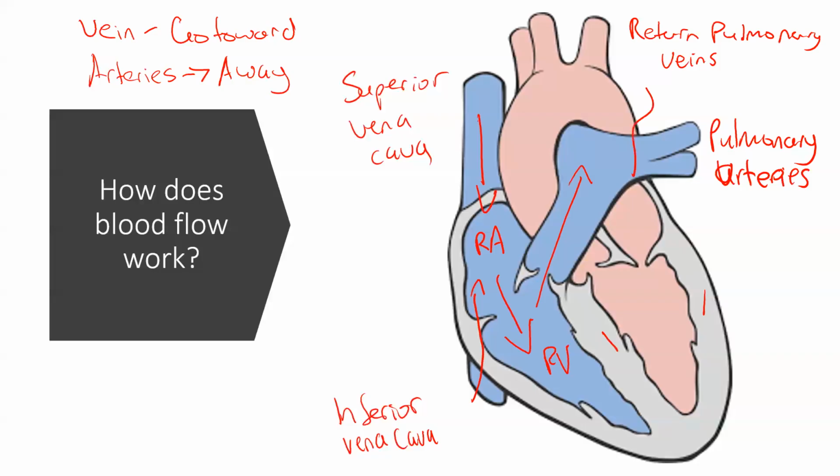And where the veins go into is your left atrium. From there, it simply gets pushed down into your left ventricle, and then it gets squeezed out in a big contraction into your aorta. And this goes into your brain, your body, the lower legs.